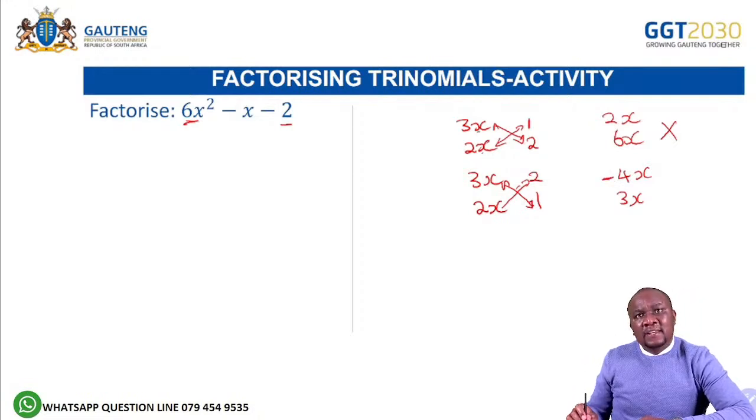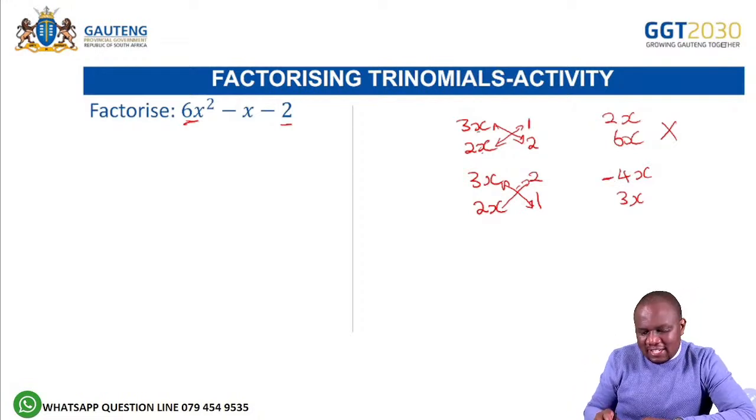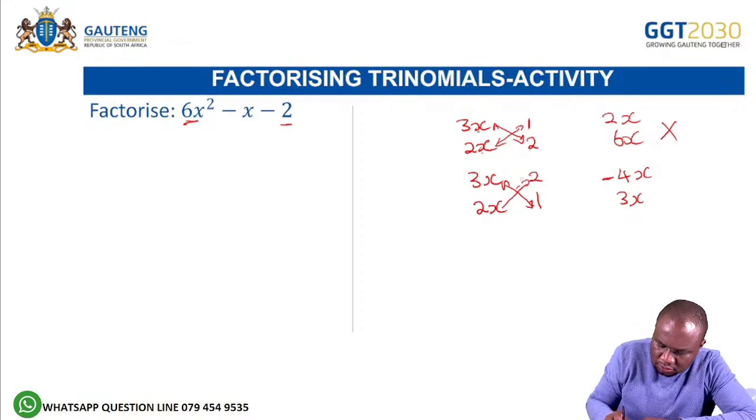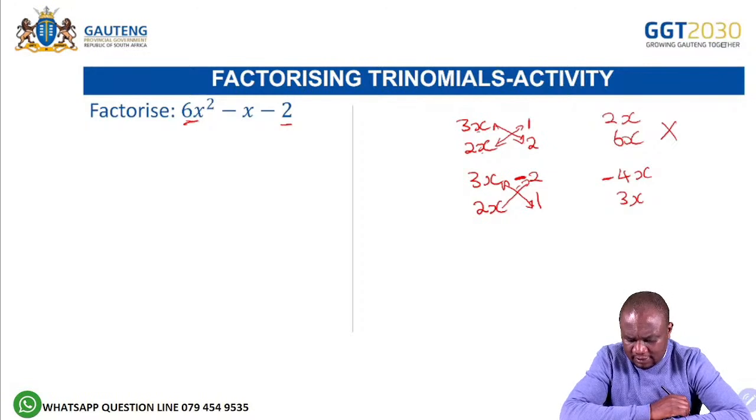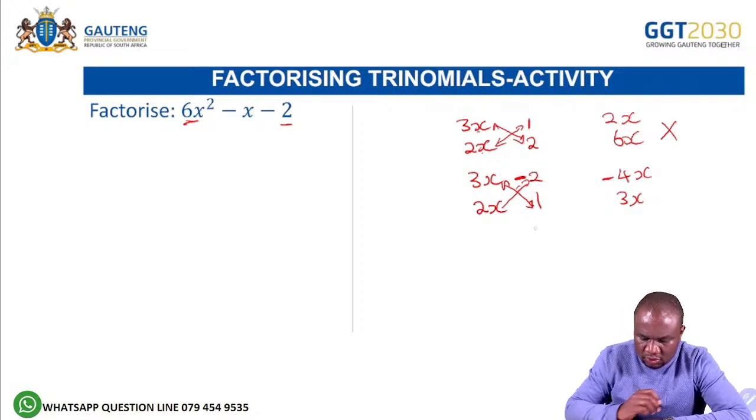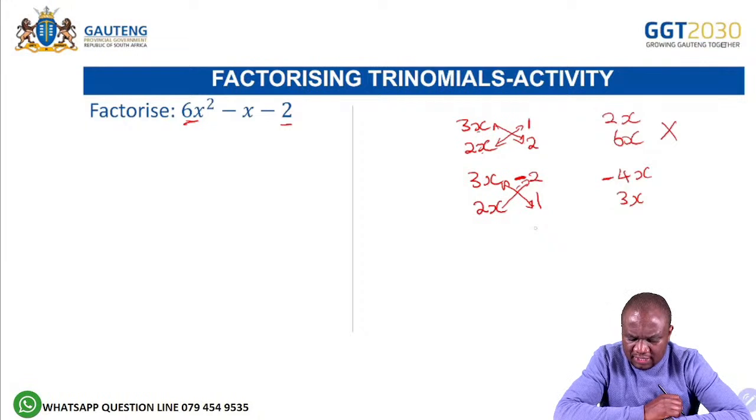See that? And for this to get negative 4x, it means these two must be negative. So 2x times negative 2 will get negative 4x, and then 3x times 1 we get 3x.